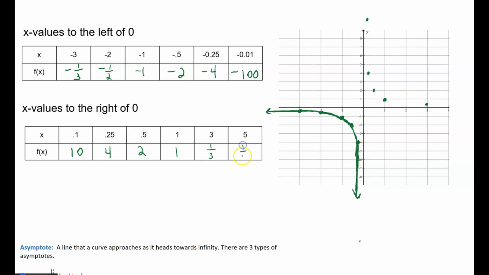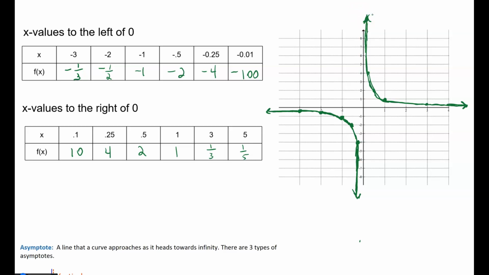And 5 gives me 1/5. So again, my numbers are getting smaller and smaller, all of my output values. And I'm getting the same effect on the other side. So the graph goes up really high in that direction. And when it comes back around, again, gets really, really small and really, really close to the axis, or to y equals 0.